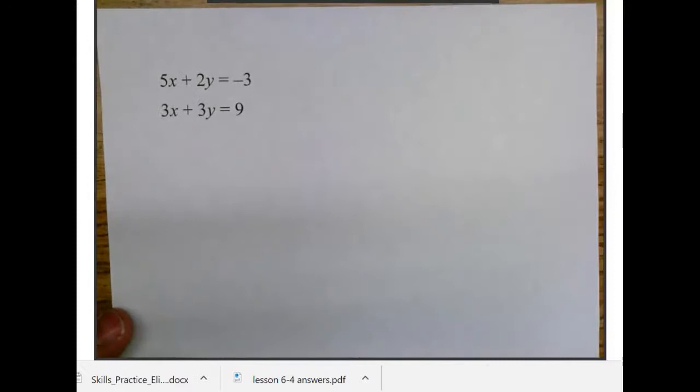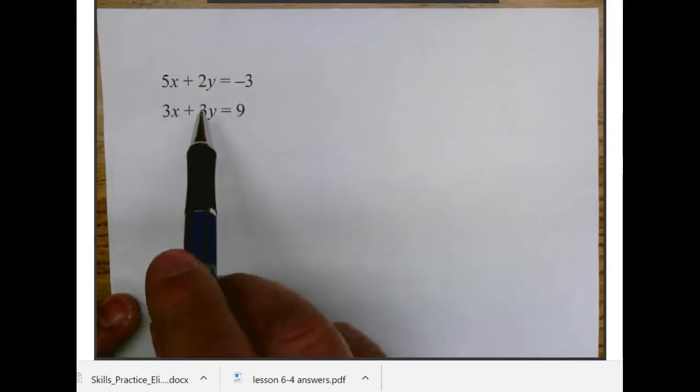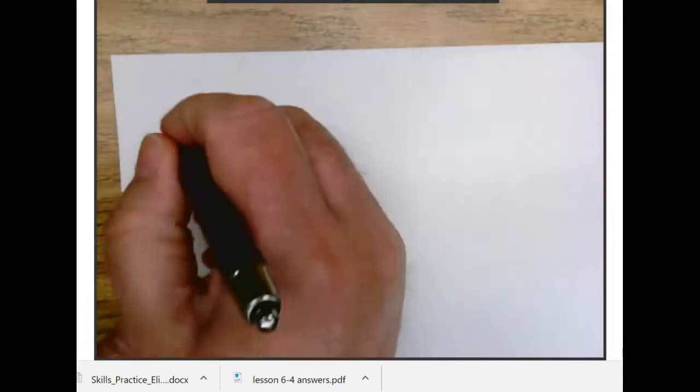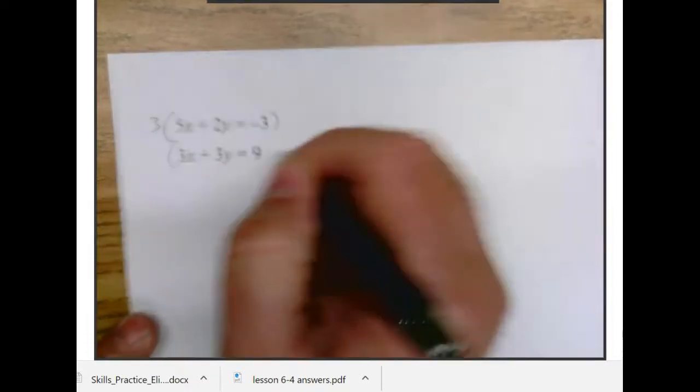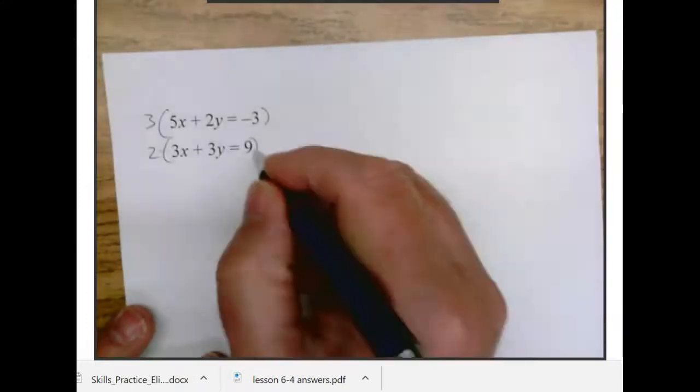So we're going to have to do some multiplication, and it looks like we can't multiply one number to get the other, so we're just going to go with the y's here. We're going to switch the 2's, multiply the top by 3, multiply the bottom by 2, so that in the end they'll be the same.